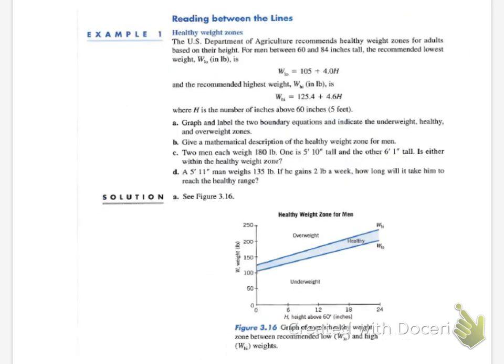Okay, I'd like you to read through this example 1, and I want you to understand, looking at this solution, I want you to recognize it as a compound inequality, and what we would say is that the desirable weight is less than or equal to the weight high and greater than or equal to the weight low.